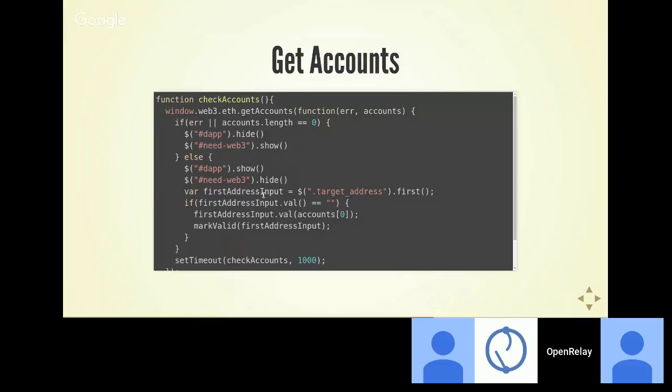Then we are going to find that address input that we were looking at, basically the one that's already there on the screen. If it is empty, then we are going to fill it in with the user's first Ethereum address. So generally speaking, most Web3 providers default to the first account being the important one.